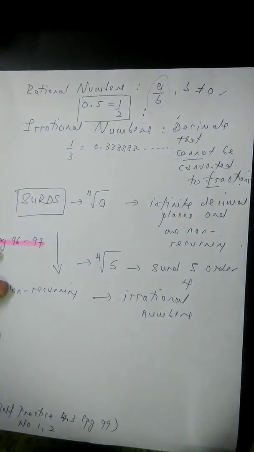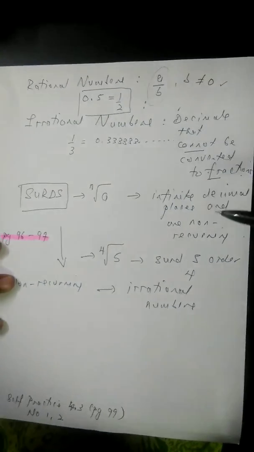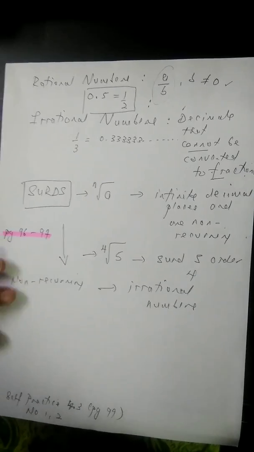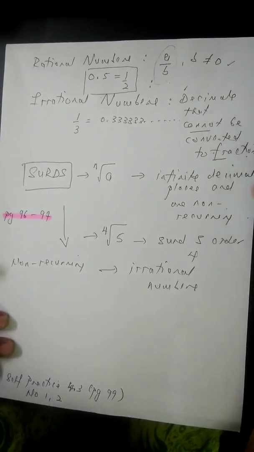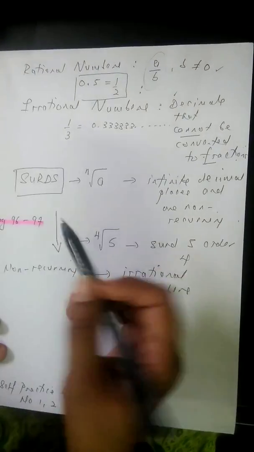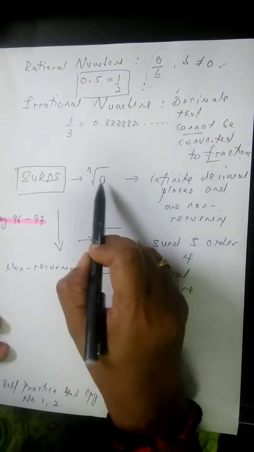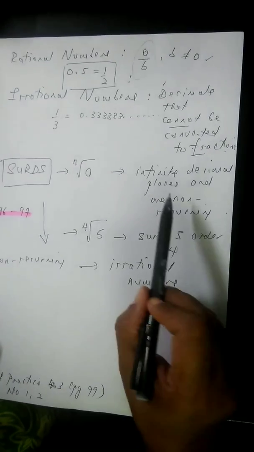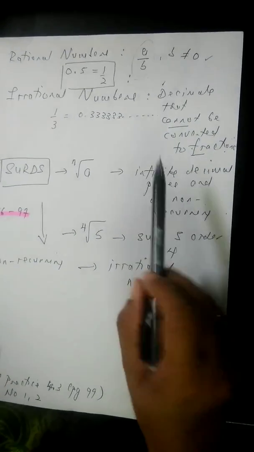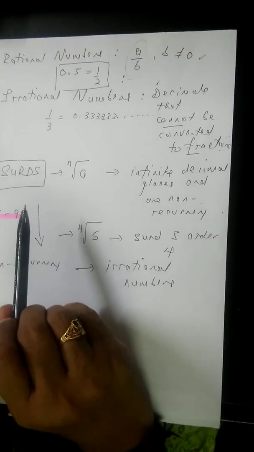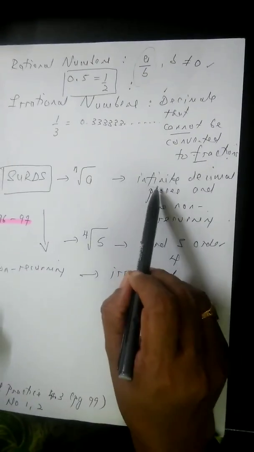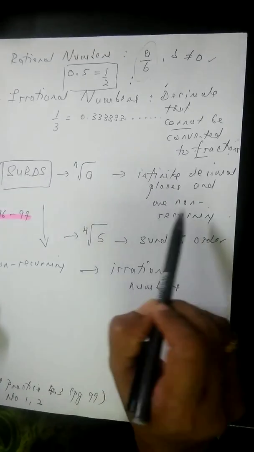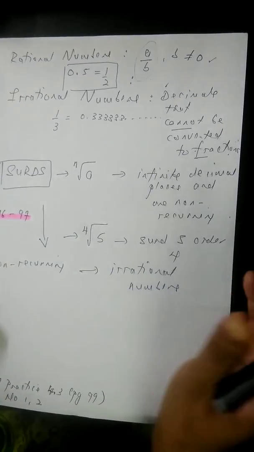Now coming down to the concept of surds. I'm sure you have seen this form. Surds are fractions which have infinite decimal places, and they are non-recurring digits.